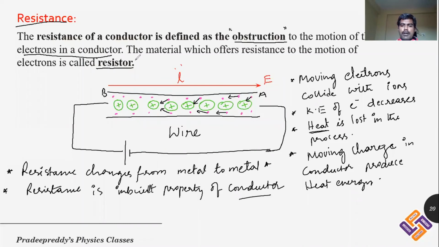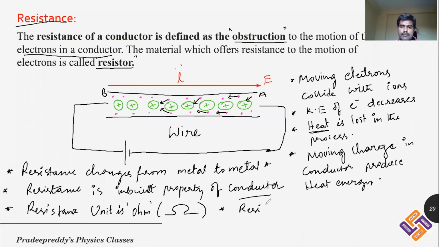And the symbol of resistance has a unit. The resistance unit is ohm, and this is the symbol of ohm. And the device which offers resistance is called a resistor, and the symbol of a resistor is this.